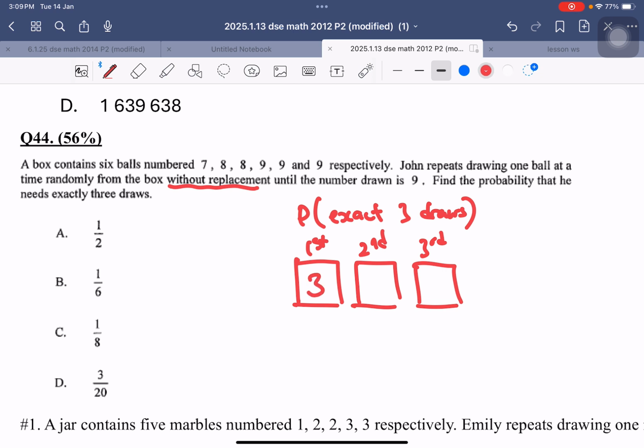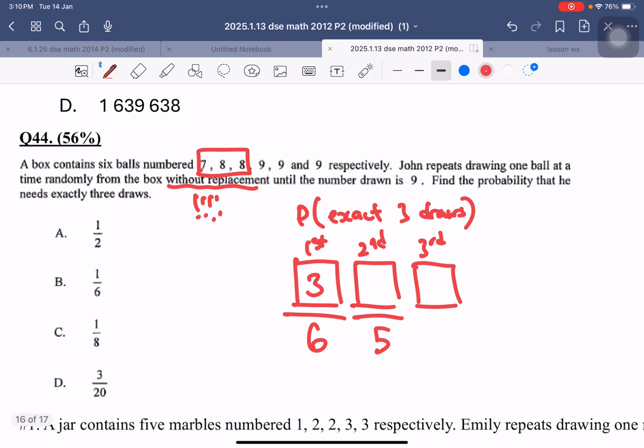3 choices out of how many balls? 6. Let's say 7 or 8 is gone, then how many balls are there in total? 5. Out of 6 balls, 1 of them is gone because of without replacement. If this were with replacement, this number would be 6.